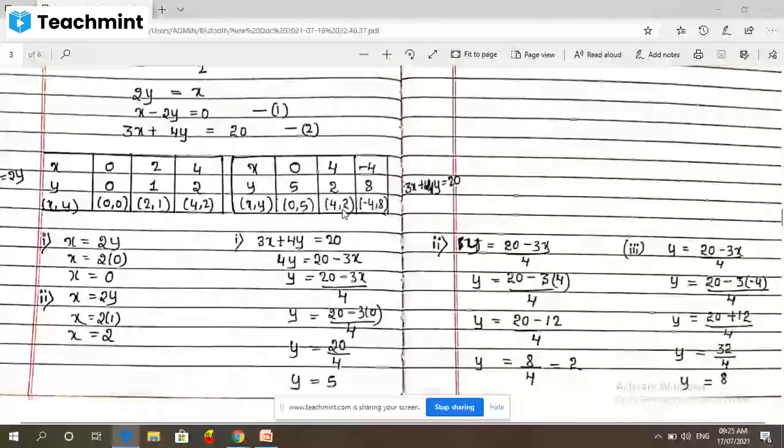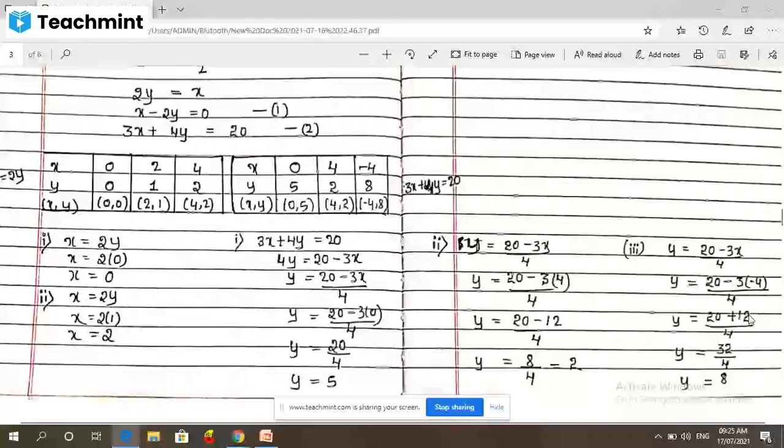Now in the same way, one more value we have to find out. So y is equal to 20 minus 3x divided by 4. We checked, and for minus 4 the answer is 8. So I took x as minus 4 here. Y is equal to 20 minus, minus into minus plus, 3 4s are 12, divided by 4.